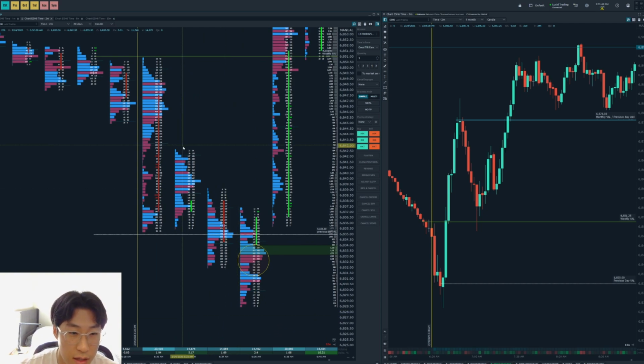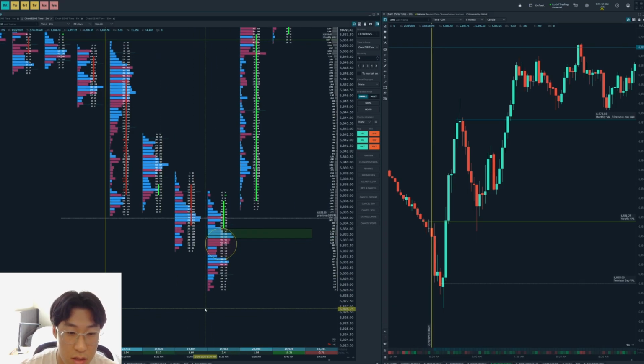Okay, and then price wasn't able to move higher off of this move, positive delta, again, selling off, positive delta, and the volume is not increasing. It's actually staying pretty equal to previous volume.